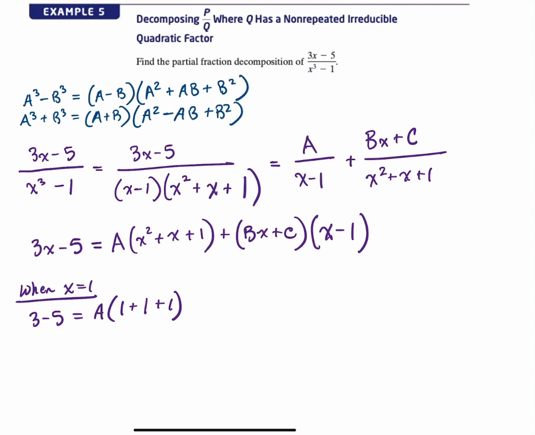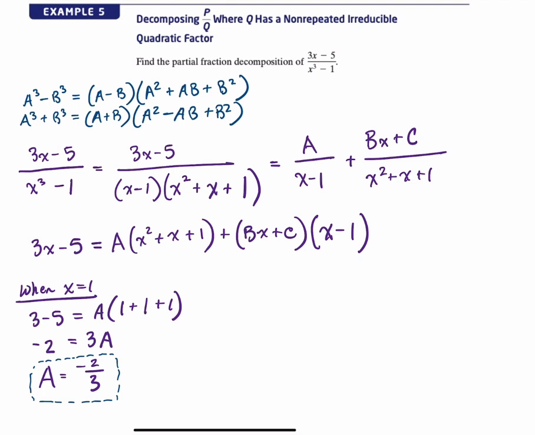And that whole second term will become 0 due to being multiplied by 0. So 3 minus 5 is negative 2. And A times 1 plus 1 plus 1 will give us 3A. So let's divide the 3 over, and we get a result for A. A should be negative 2/3. So let's hang on to that one.